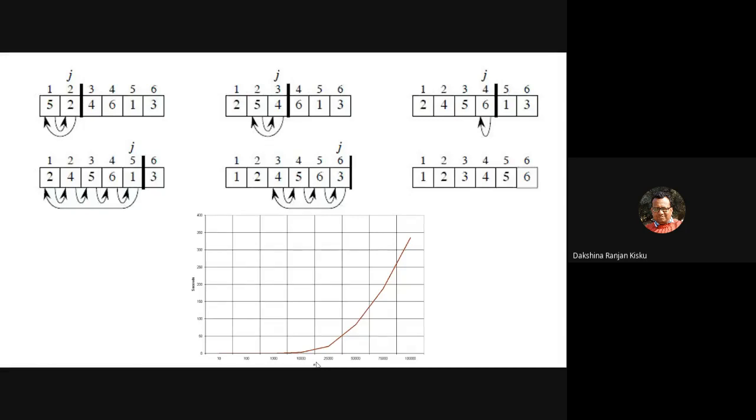So if we look at the rows, we can see that in the first row we have the inserted element 2. 2 will move to the vacated position of the element which has been moved to the right of the inserted element. Then j will point to the element 4. Okay. So here the element 4 is inserted into the hand.